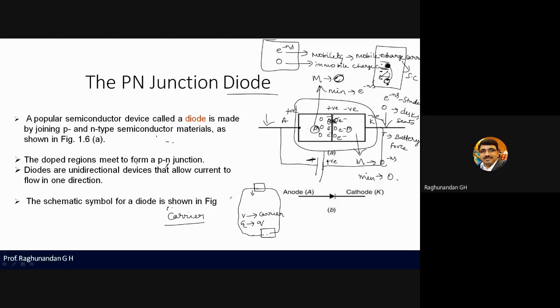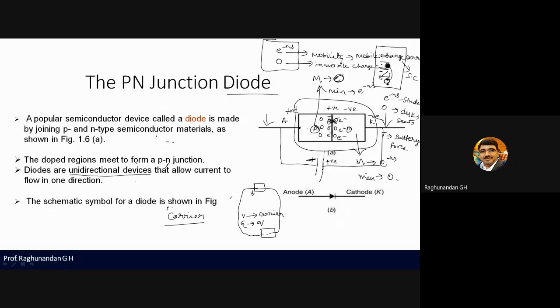Negative is connected to the positive terminal of the diode, and positive is connected to the negative terminal of the diode. So this is reverse biasing. During forward biasing, the diode is going to conduct, and in reverse biasing, the diode is not going to conduct. That's why we call diodes unidirectional devices.